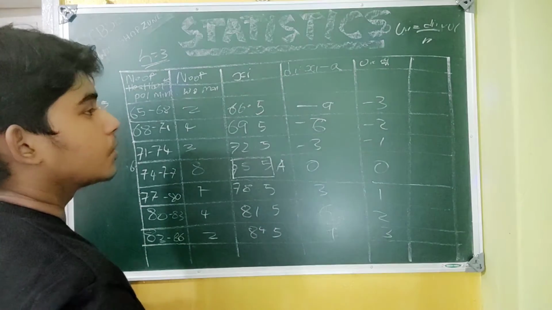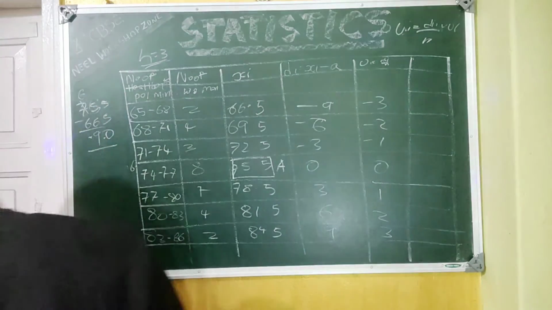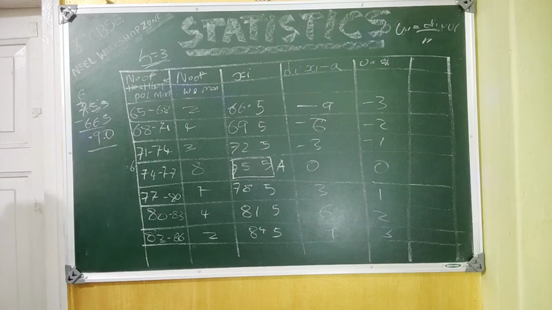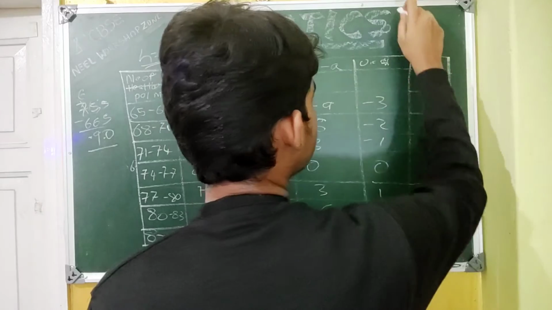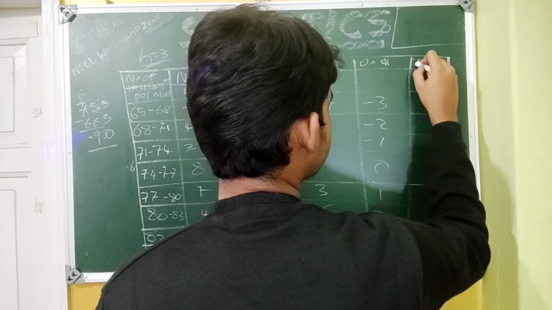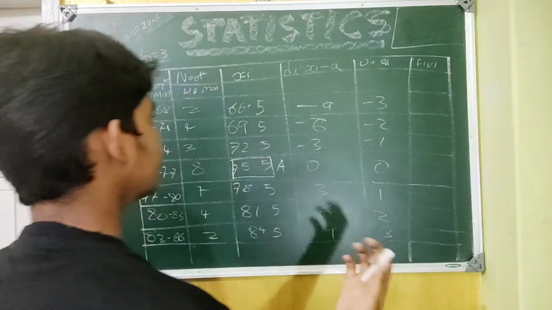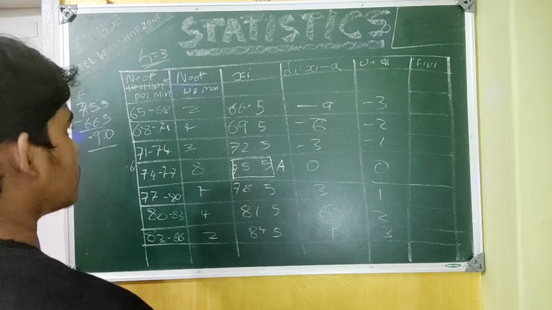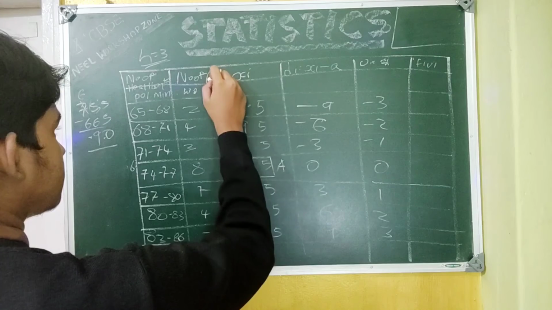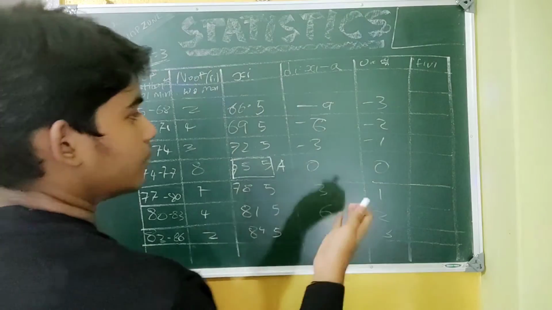Now let's find the final one, which is fi into ui. fi is the number of women and ui is that.